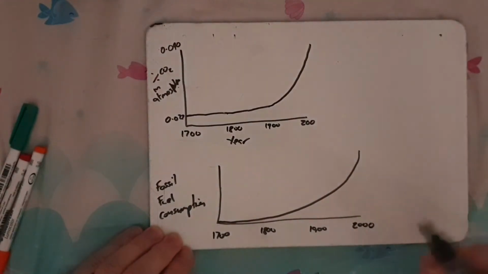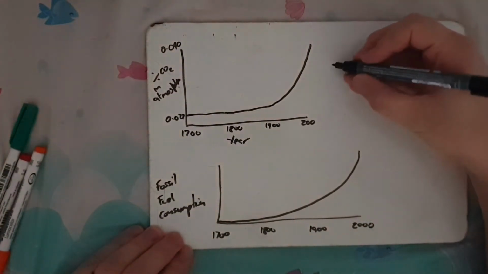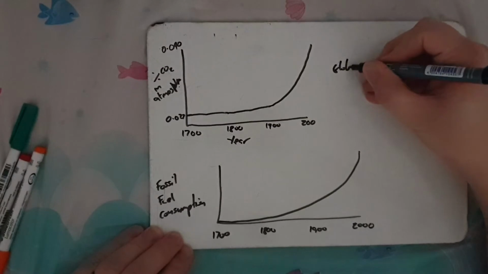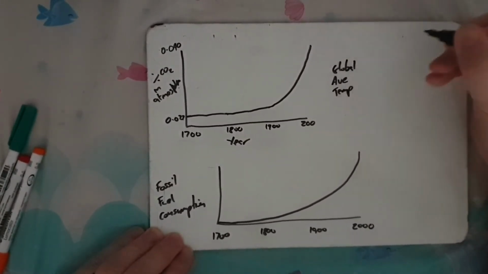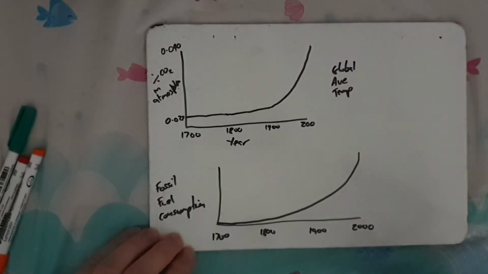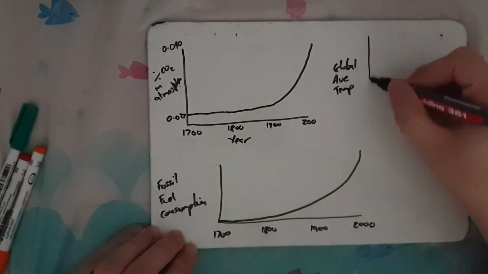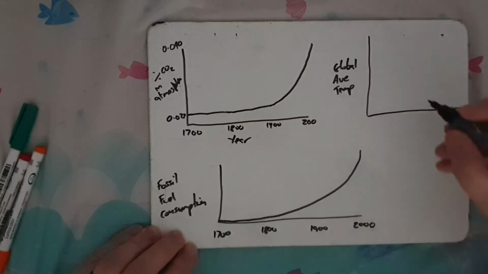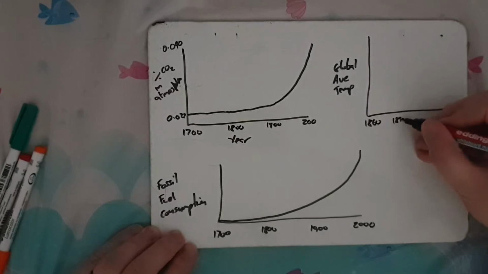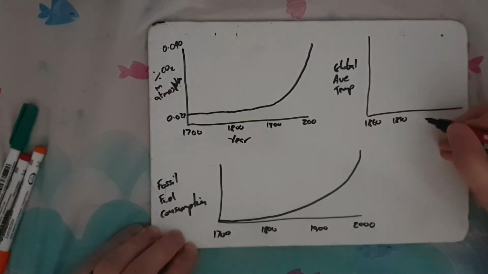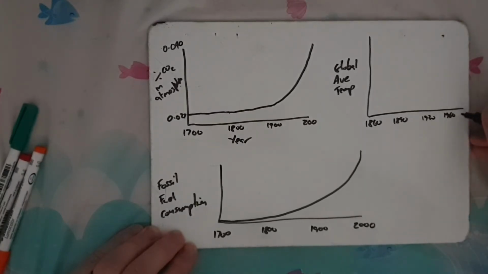So for that, we need one more graph, which is the global average temperature. We'll go from 1860, 1890, about 1930, 1960, and then the year 2000 just on the end.